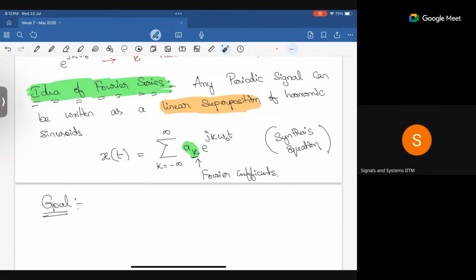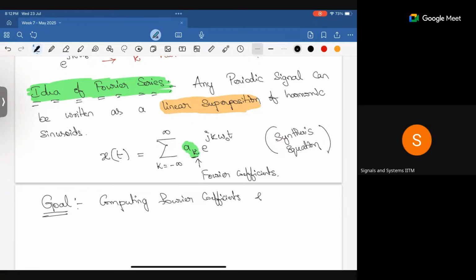If you have all the Fourier coefficients, you can express any periodic signal as a Fourier series. So our primary goal should always be computing Fourier coefficients.